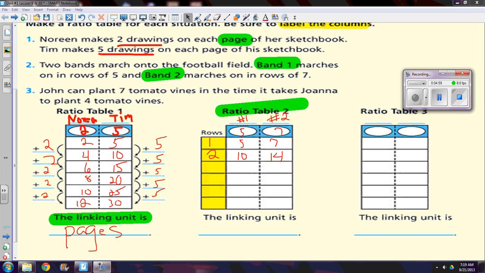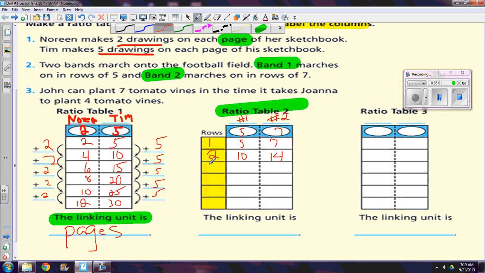So row 3, row 4, row 5, and row 6. 5, 10, 15, 20, 25, and 30. 6 times 5 is 30. 7, 14, 21. 7 times 4 is 28. 7 times 5 is 35.